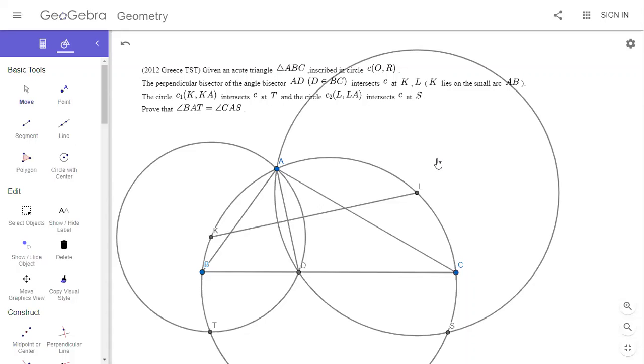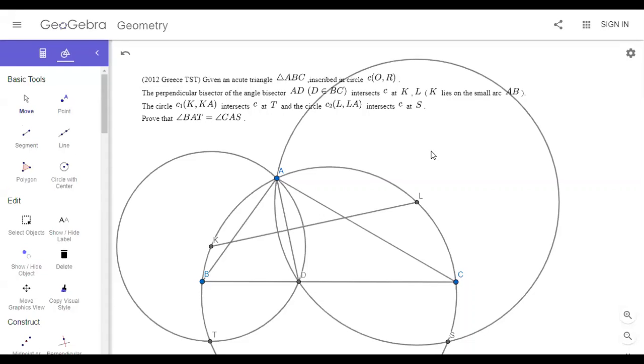KL passes through the center of the A Apollonius circle. Okay, I believe that. So how do we angle chase that?